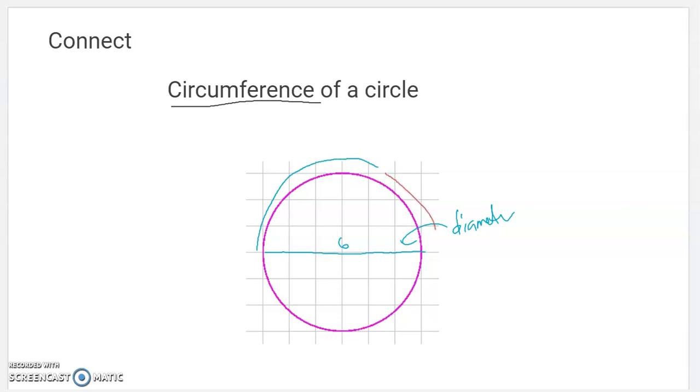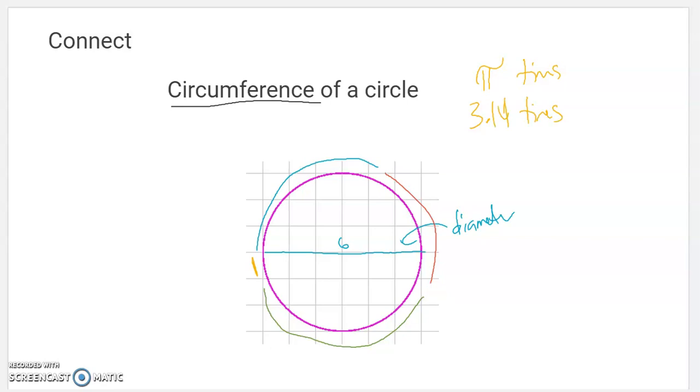It would fit around there once, twice, 3 times, and you would have just a little teeny bit more. We actually figured out it fits around there pi times, which we usually approximate to 3.14 times.